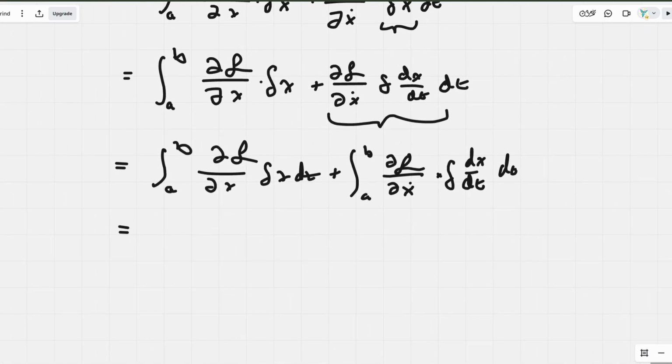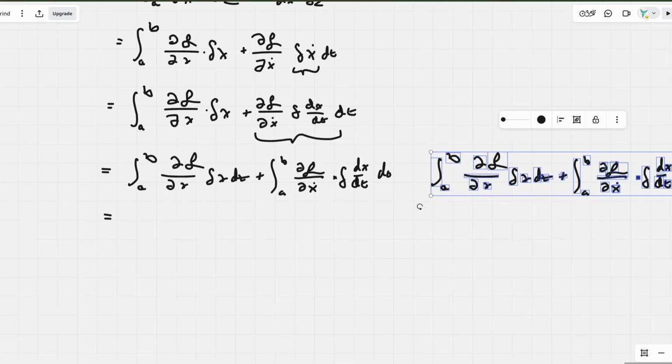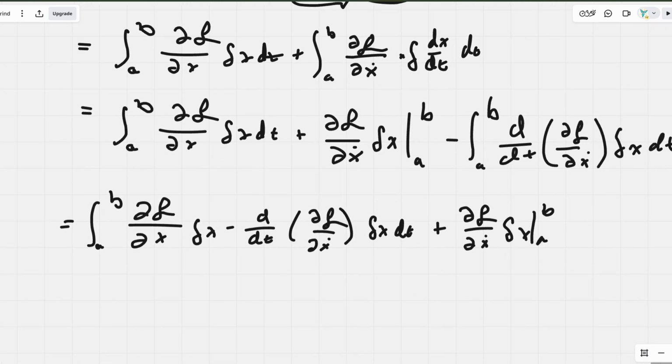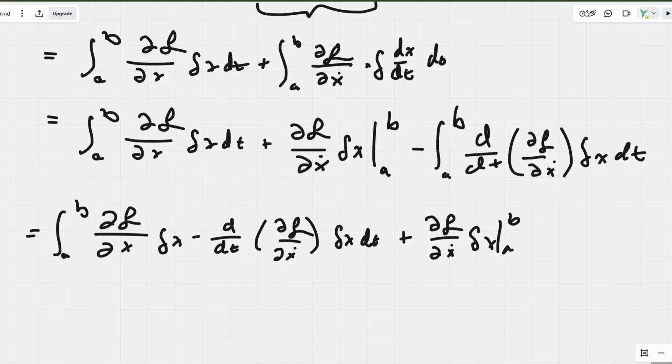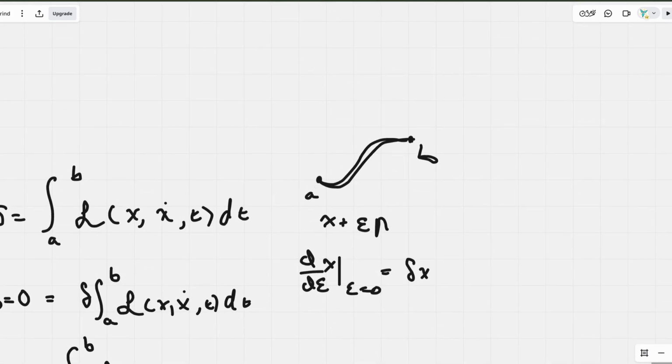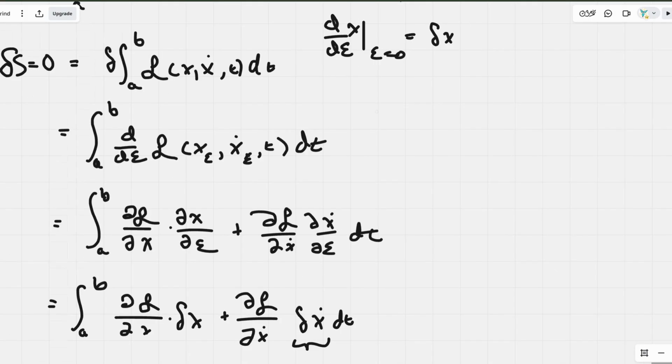I'm just going to copy this in. This part becomes, if we use integration by parts, then after integrating by parts, if you'll notice here, this part has the variance of x, but we know that at b and a, if we look back at this curve, there's going to be no variance because it starts and ends at the same points.